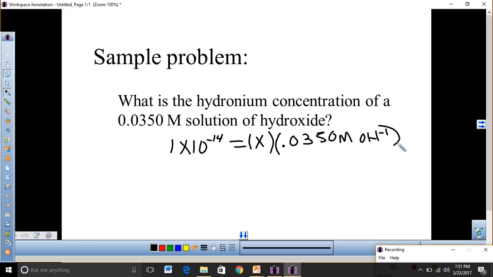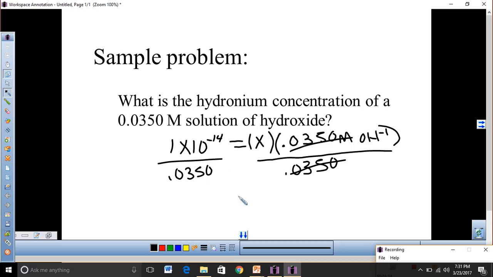Hydronium times hydroxide equals the Kw. So to find X, we simply divide both sides by the 0.035, and you can simply find the other. So very, very simple to find one if you have the other.